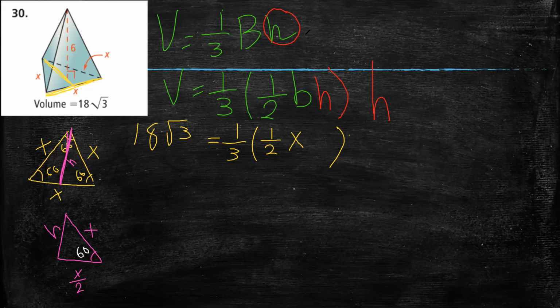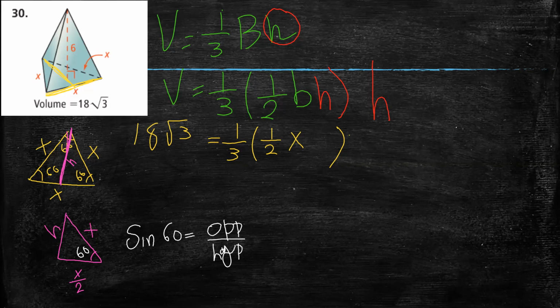Now here I have to find h. We can use the tan or the sine. Let's use sine as an example. Sine 60 is opposite over hypotenuse.